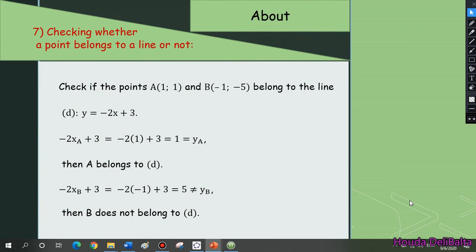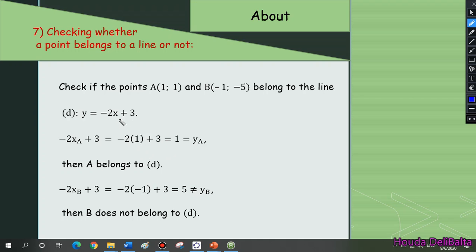Now we have to know how to check whether a point belongs to a straight line or not. So here is an example. Here are 2 points. A is of coordinates (1, 1) and B is of coordinates (-1, -5). We have to check if these points belong to the line of this equation y equals -2x plus 3. So all we have to do is to substitute the coordinates of A in this line and see if we get the result we need.